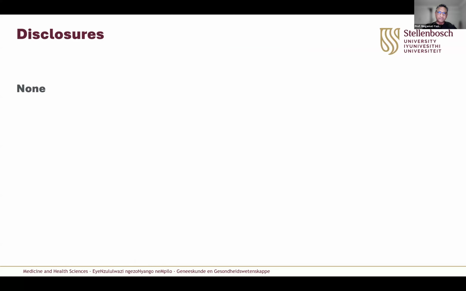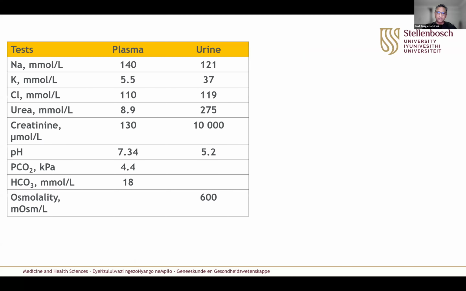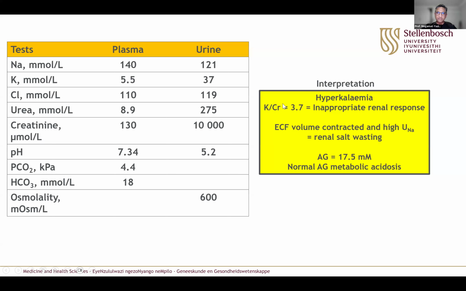So the second slide, this one. Yes. How did we arrive at this potassium of 3.7? Correct. Okay, thank you for the question. In the urine, we sent away a spot sample, and the numbers indicated that the amount of potassium in the urine was 37 millimoles per liter.